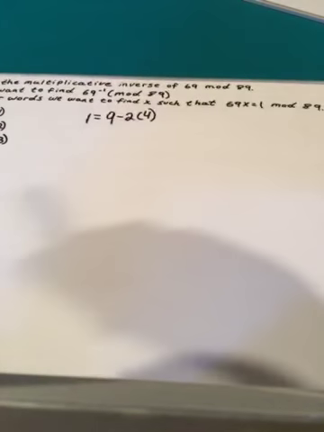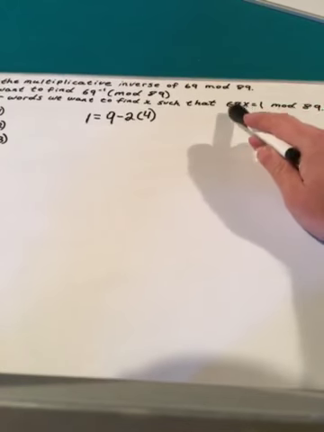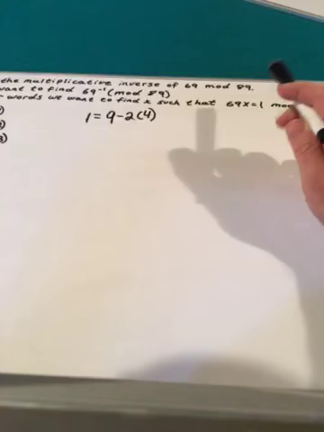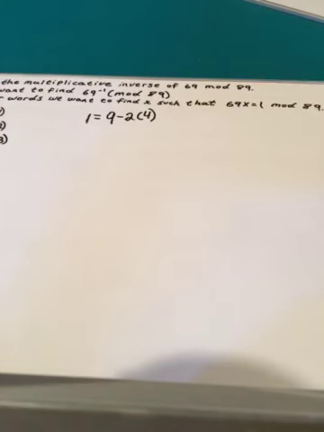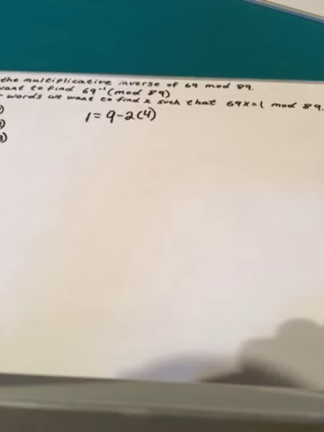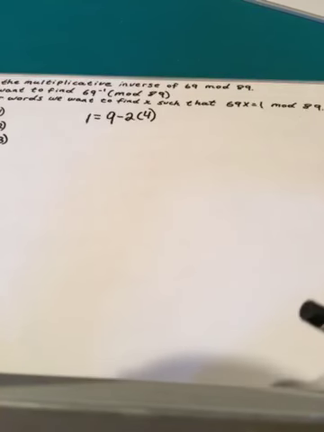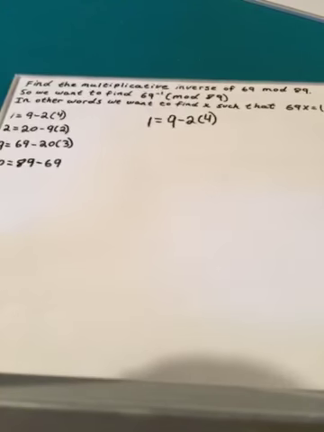So basically, we want to find 69 times some number x is equal to 1 mod 89, and get everything in terms of 69 and 89, because anything times 89 in mod 89 is going to be 0. So if you're a little lost, stick with me in this video and hopefully by the end it'll make a lot of sense.